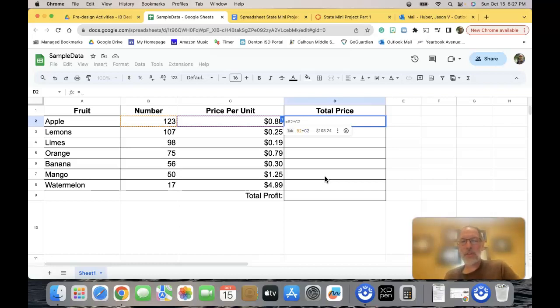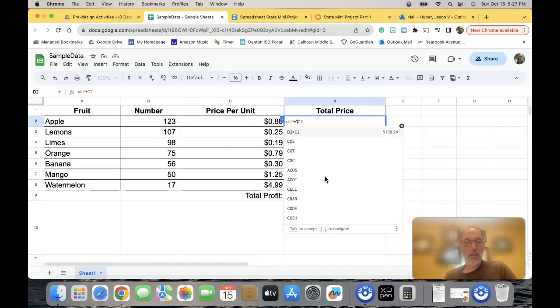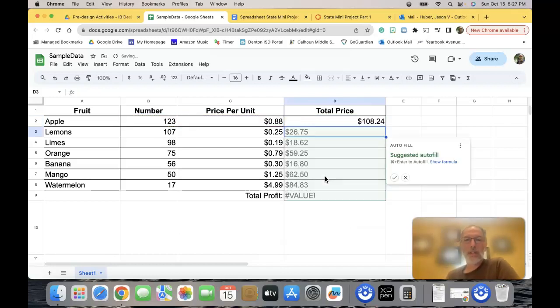So there's 123, but that information is in B2. I don't want to enter 123, because if I need to change it, then in the formula it's still 123. But if I put B2, then I can enter any number of apples that I want and it will update automatically. I'll show you that. Times is just the asterisk sign, and I'm multiplying it by the unit price, which is in C2. And then I just hit enter.